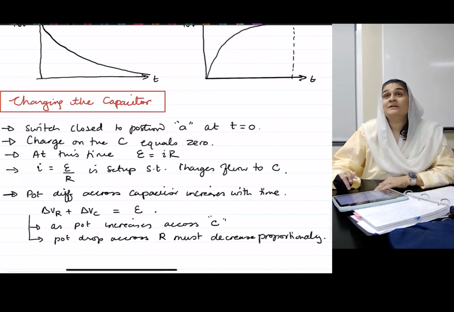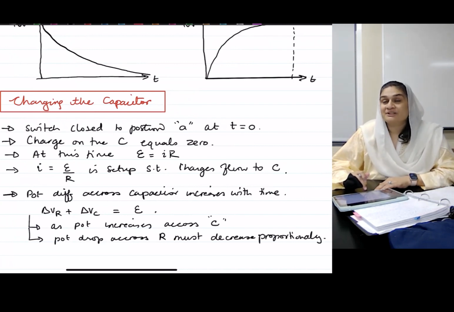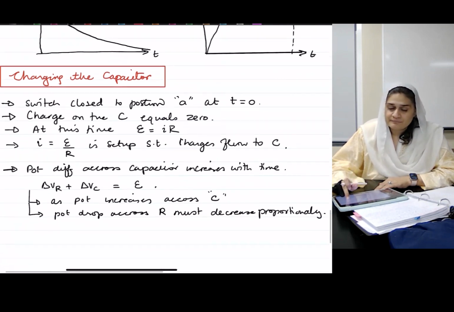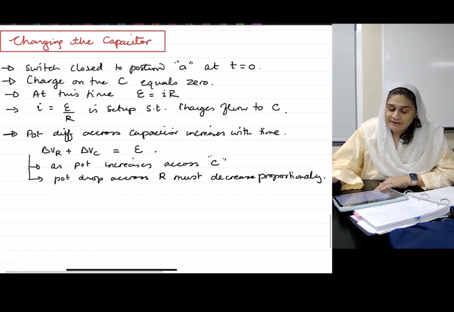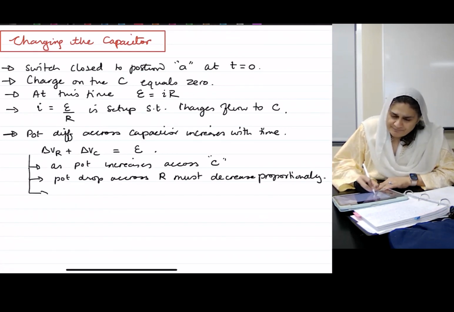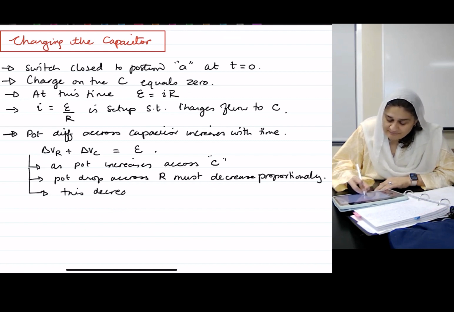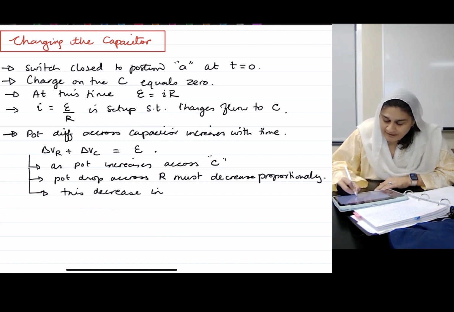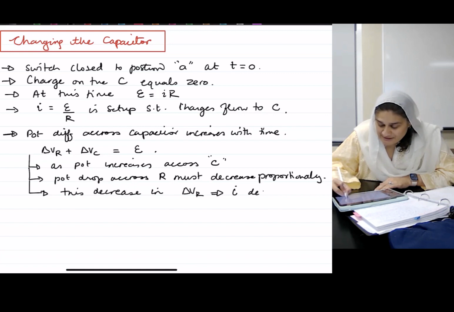Is that true? That must decrease proportionally, so it never becomes greater than E? That means this decrease in delta VR implies that current decreases.